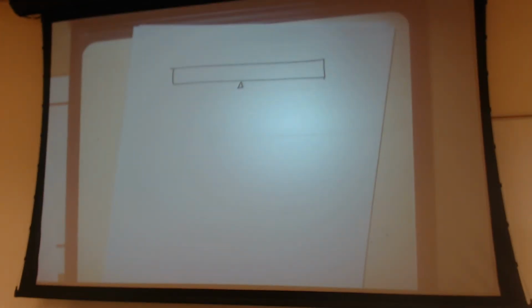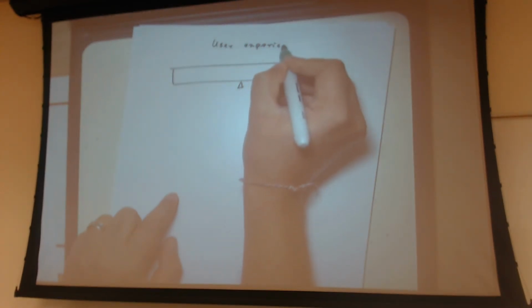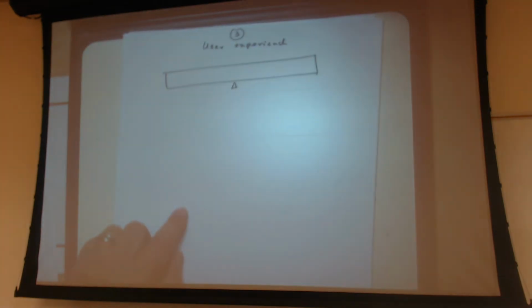This is the user experience scale. In your mind, let's say this is not tilted, right? So a good user experience means it will stay horizontal, and a bad user experience means it will either fall this way or fall that way, right?